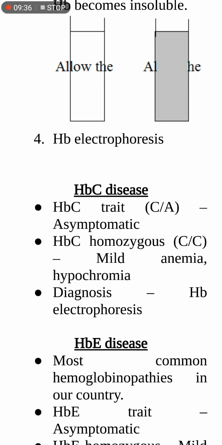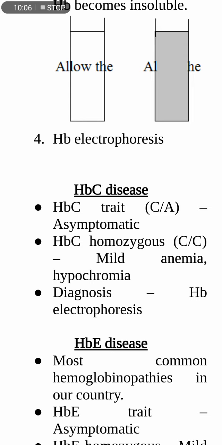Next hemoglobinopathy is hemoglobin C disease. If the patient is in the heterozygous state, patients are usually asymptomatic, and if he or she is in the homozygous state, they present with mild anemia and RBC shows hypochromia.